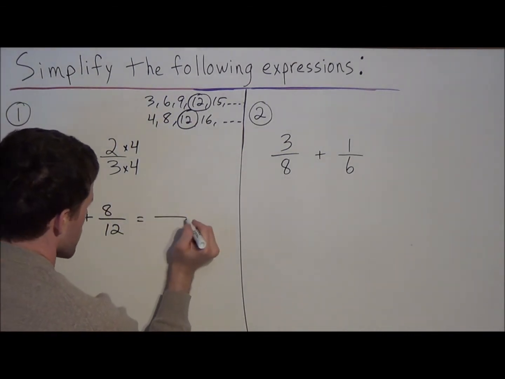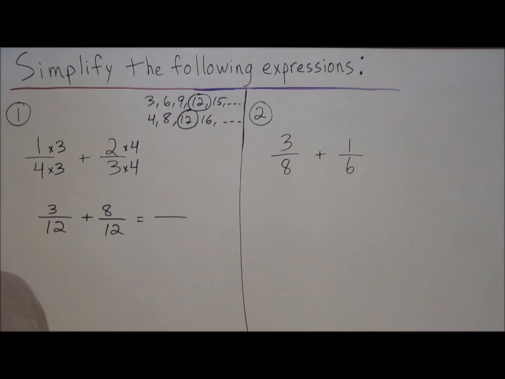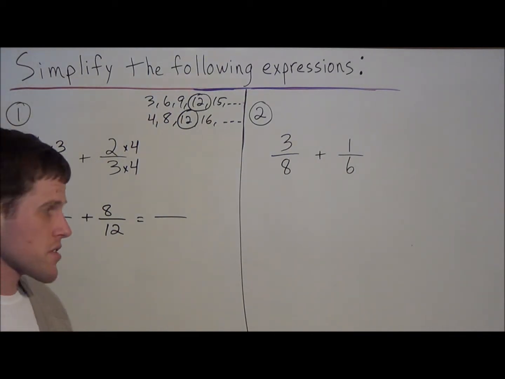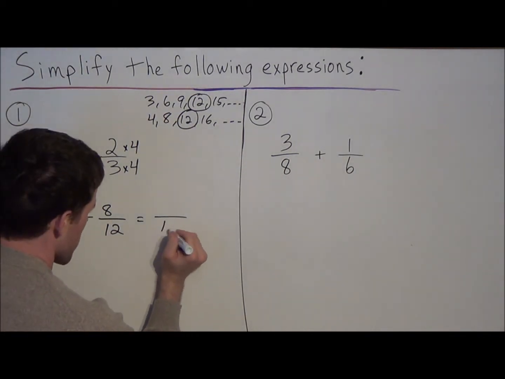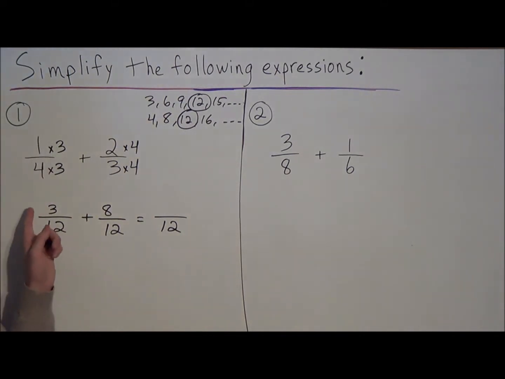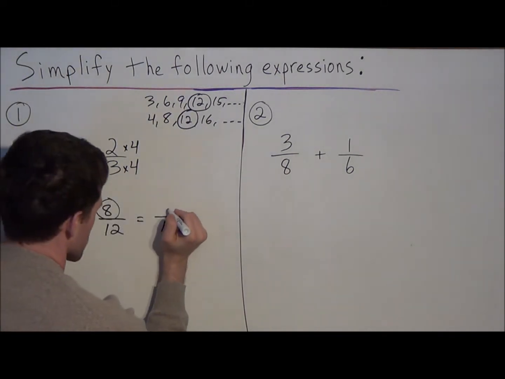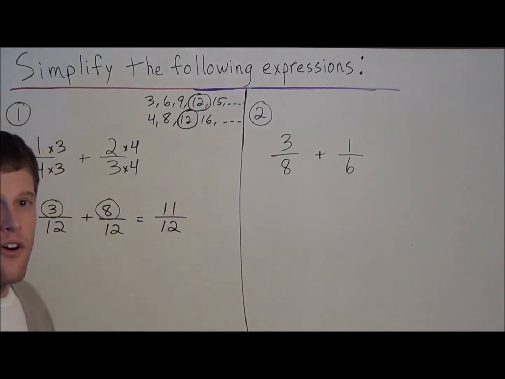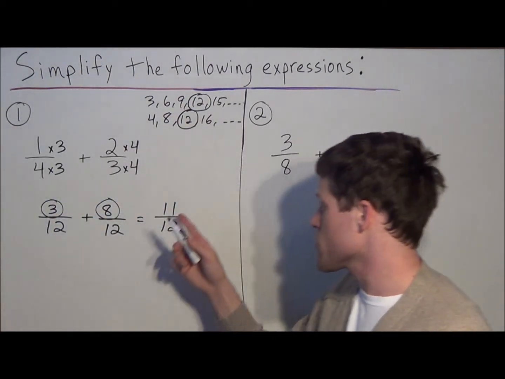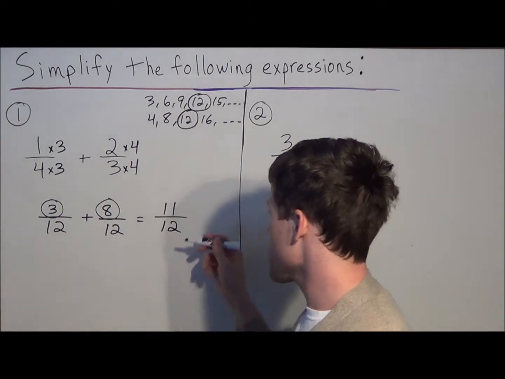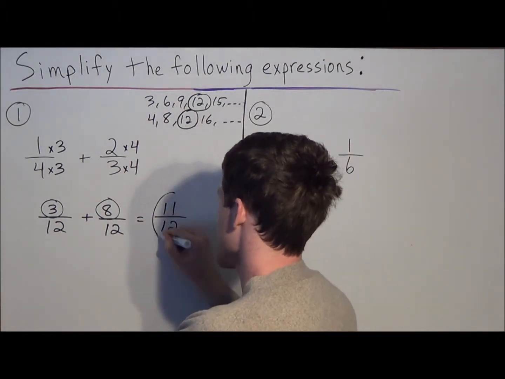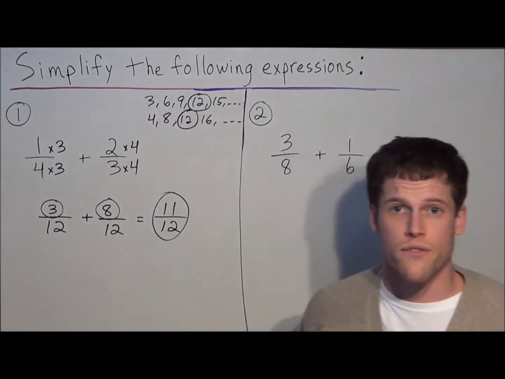But remember, when you're adding fractions with the same denominator, you're not going to add the denominators together. You're going to rewrite the denominator. And now we're just doing 3 plus 8. We're adding the numerators together. 3 plus 8 is 11. And notice the only common factor between 11 and 12 is 1. So that means this fraction is as reduced as it could get. So that is our final answer to the first example.